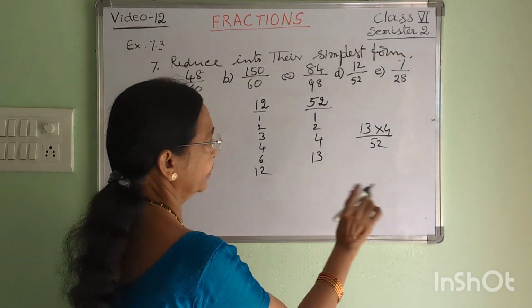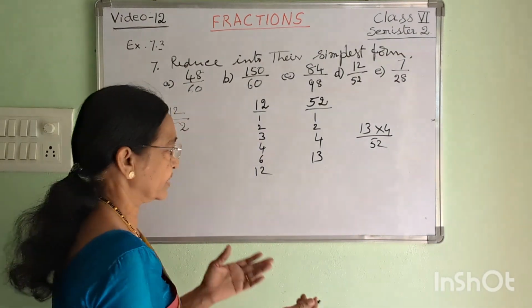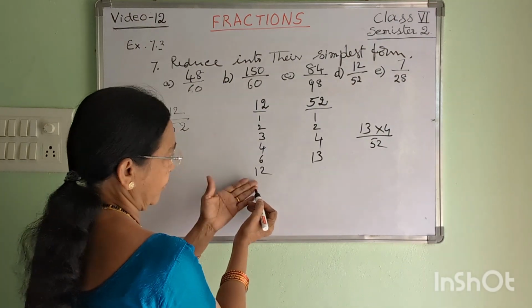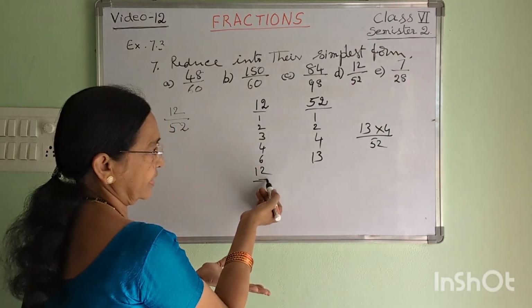So we don't need the other higher factors because here we have only 12. The highest factor is 12.